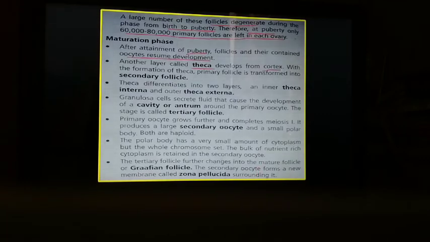The primary follicles are then converted into secondary follicles after the formation of the theca layer, which further differentiates into two types: the theca interna, the inner layer, and the theca externa, the outer layer. Later, granulosa cells secrete fluid that causes the development of a cavity, also known as the antrum. Then the secondary follicles become tertiary follicles.